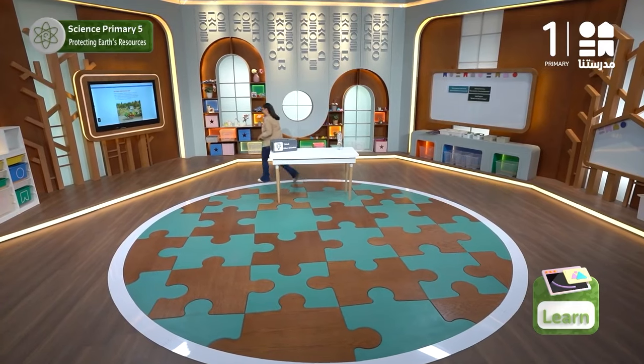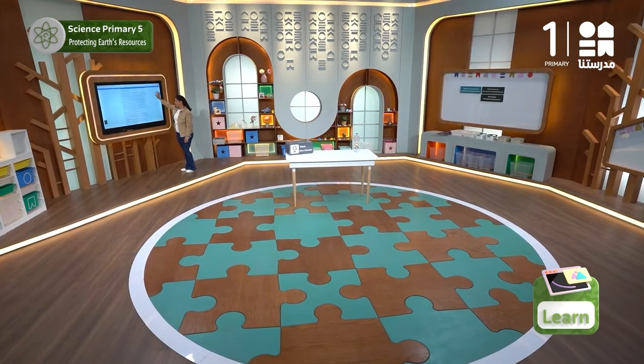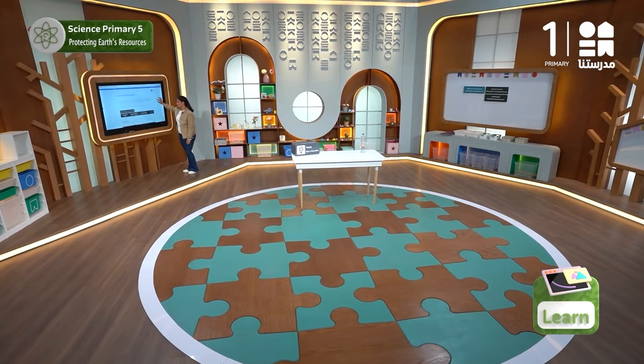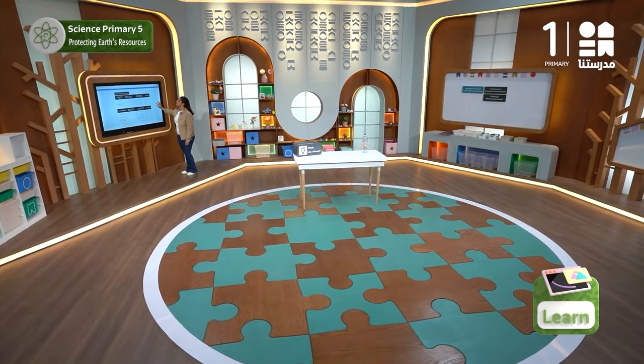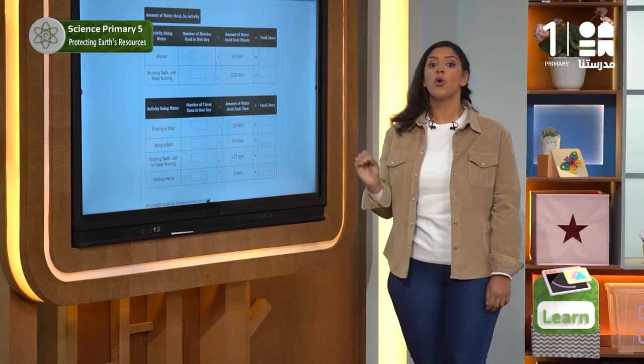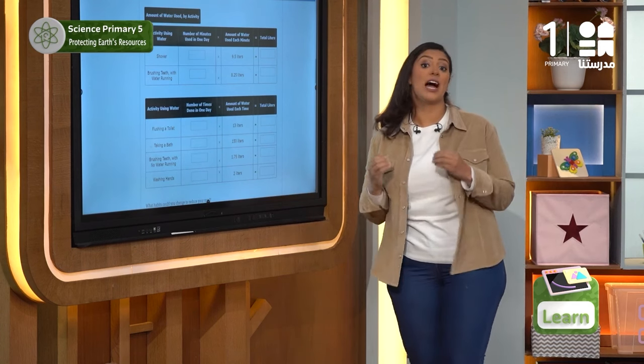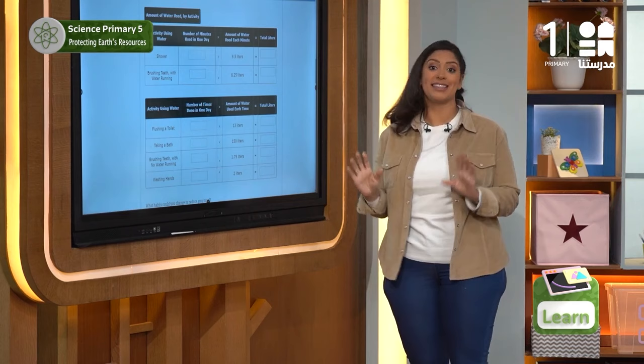each person, we are going to do some steps together, and we'll start from the table that we're going to have on the textbook. Let's go check it out. This table will help us record the amounts of water that we use in various activities in our daily lives in a typical day.